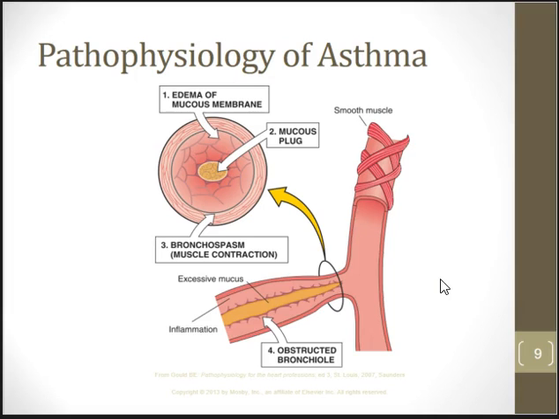So it can be kind of a cyclical kind of thing. So you see here, you've got the edema or the swelling, the inflammation of the mucous membranes, and then it fills with mucus. It's being secreted and can cause a plug, and then of course you can't get air past there. Plus it's constricting at the same time.